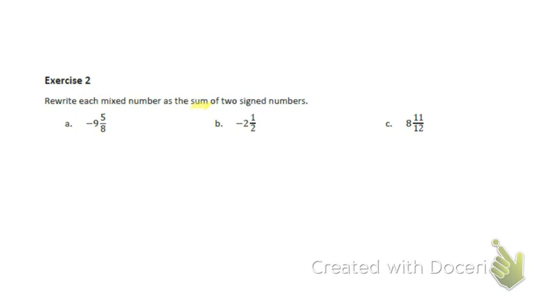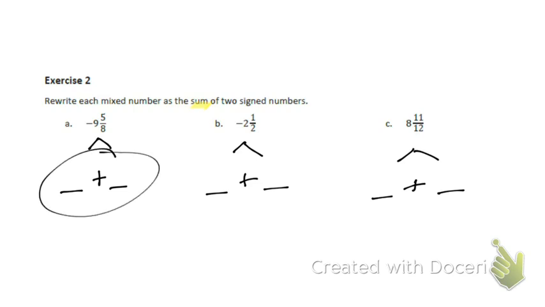So remember, sum means addition, right? So rewriting this as a sum of two numbers. You're doing the same thing for all of this. You're kind of just breaking apart the mixed number. So I want you guys to think real quick, what do you think would go in those two blanks? What two numbers combine to get -9 5/8?